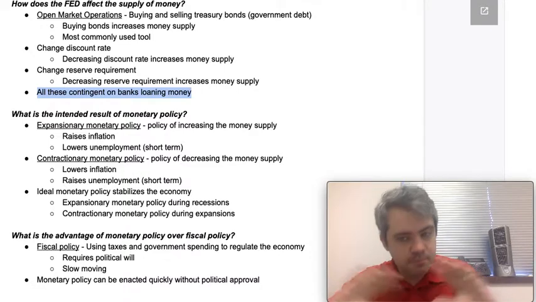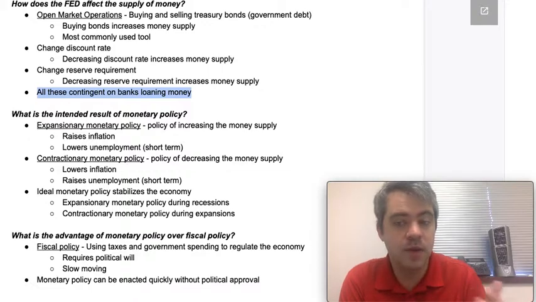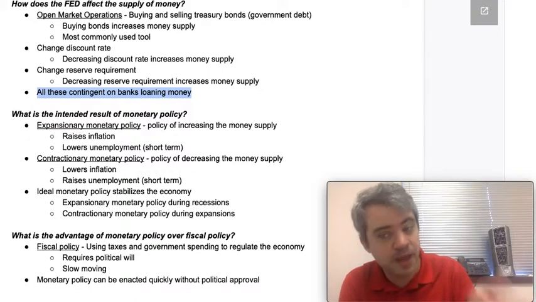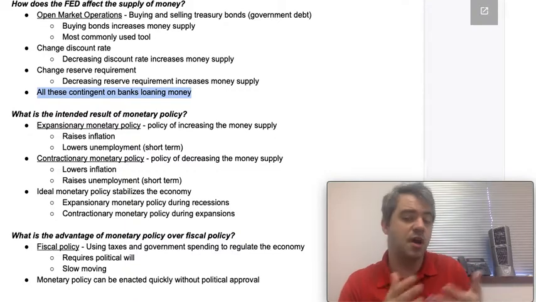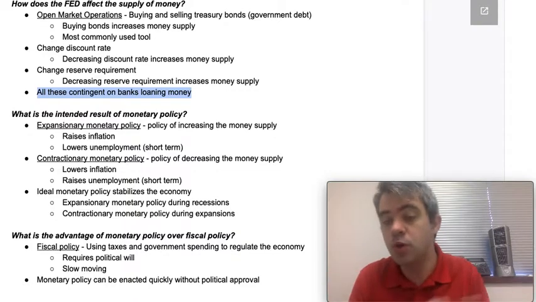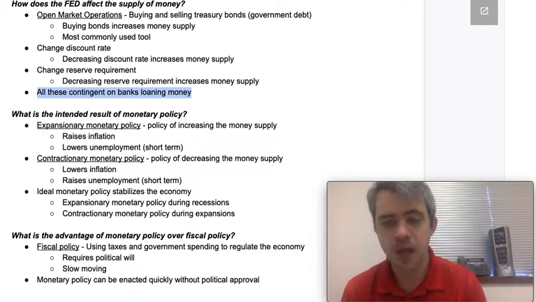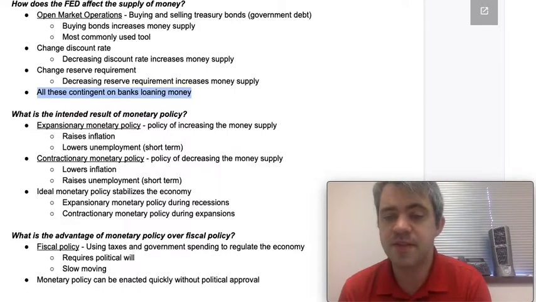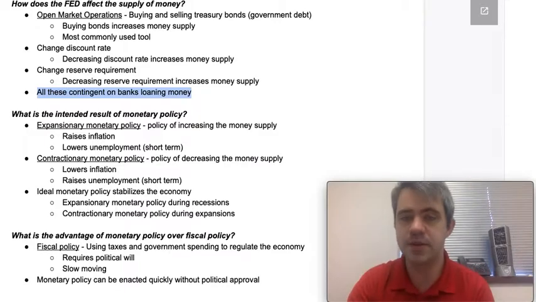They'd already been loaning money like crazy, and they were already realizing, wow, we probably shouldn't have loaned money to all of these different people. So this is kind of contingent on them having good places to give loans to. Okay, so these are the three ways that the Federal Reserve can increase and decrease the money supply.